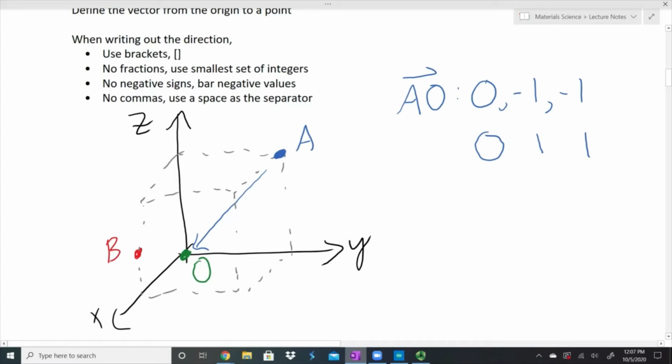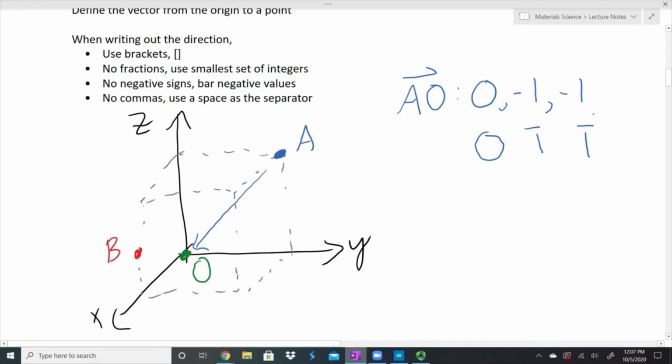And to take away my negative signs, I need to bar my negative values. What that means is we're going to just put a line over the top of these. That's telling me that that value is going the opposite direction. It's not 1 in what we traditionally call the positive direction. It is 1 in the opposite direction. We just don't use a negative sign here.